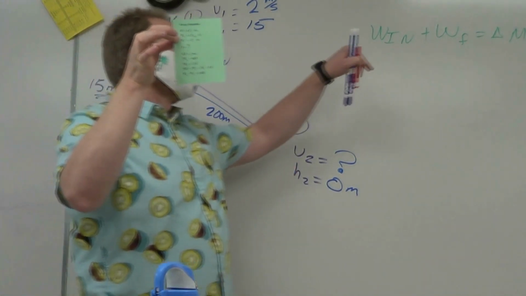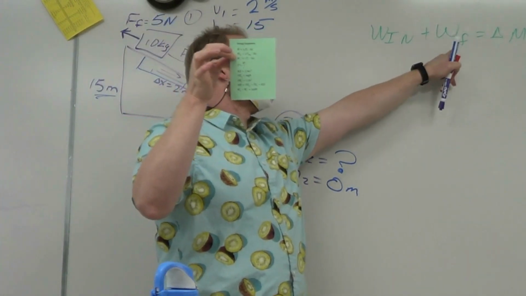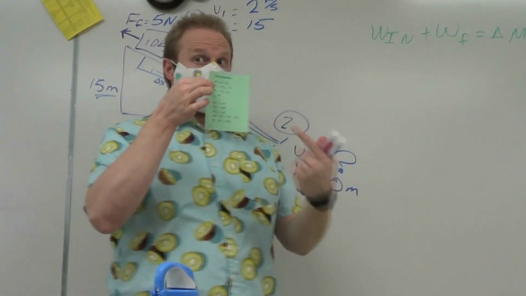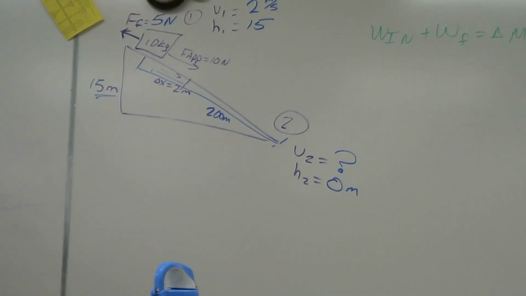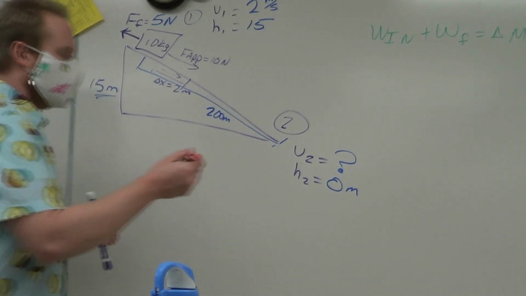So for work in, we have to determine is there any work in, and we have to determine is there any work done by friction. Looking at our equation sheet, we could say work in exists if there's an applied force and a displacement. Are you pushing the baby over some distance? Yes. Therefore, there's work being put into the system.